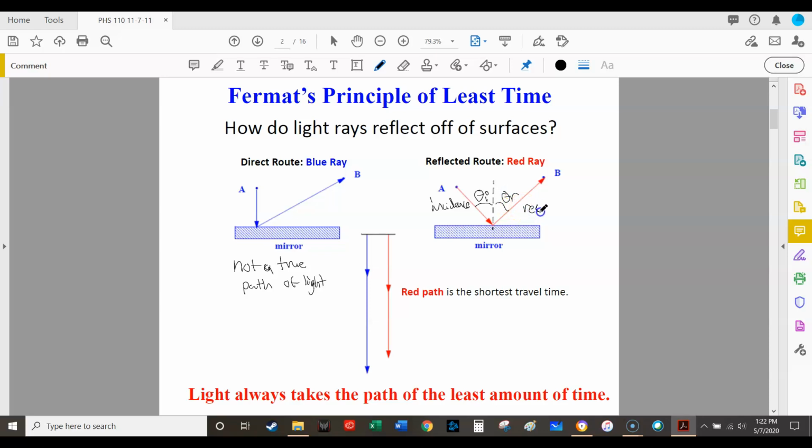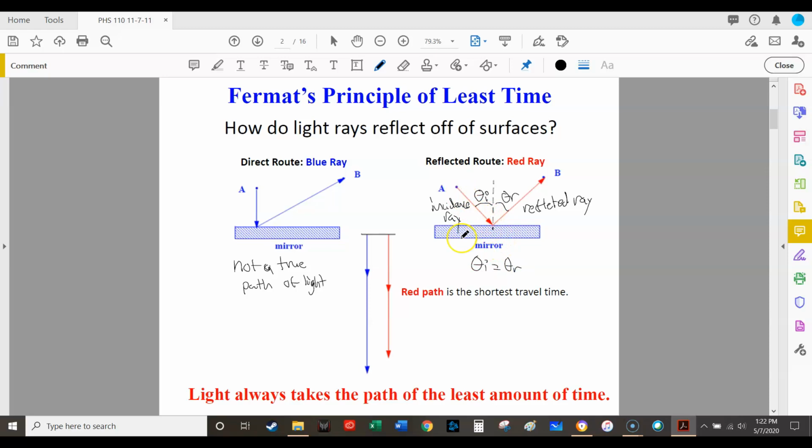This is the reflected beam, or reflected ray. This is an incidence ray. So light is coming in, it's hitting the surface of a mirror, a shining object, and then reflecting out at the same angle. These two angles here are the same. So the incidence angle is equal to the reflected angle.